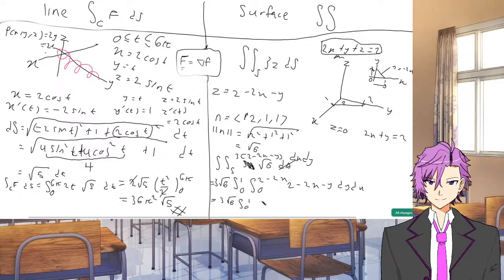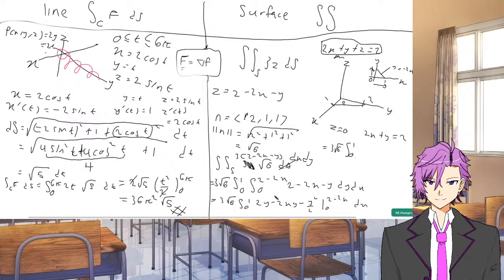Now we integrate the inside: 2y minus 2xy minus y squared over 2, from 0 to 2 minus 2x dx. So 3 square root 6, 0 approaching 1.